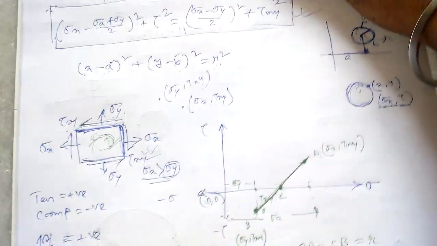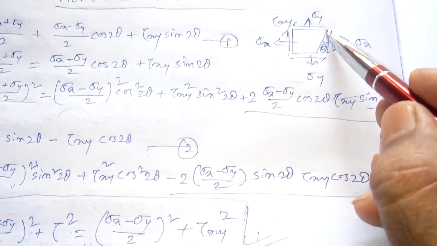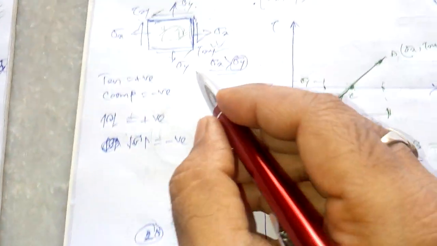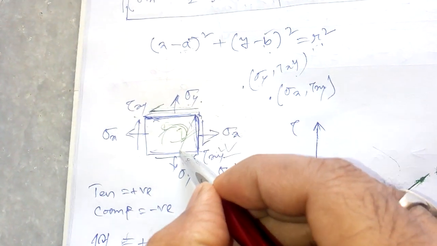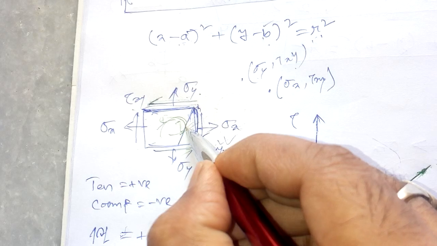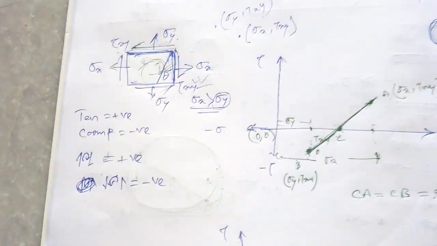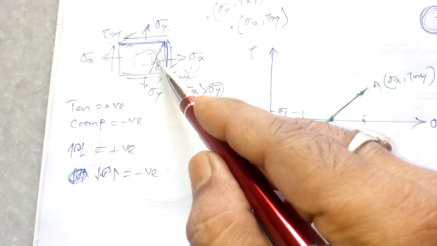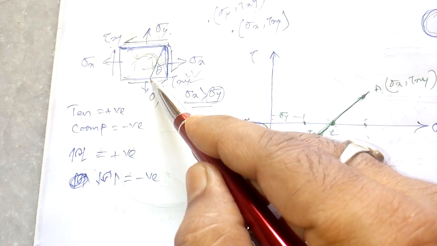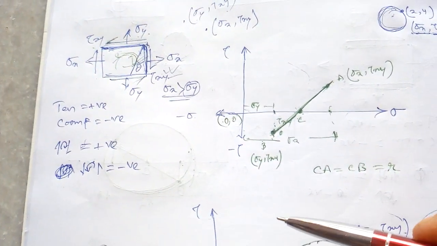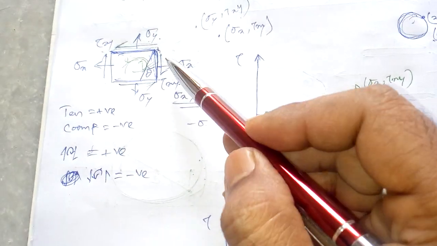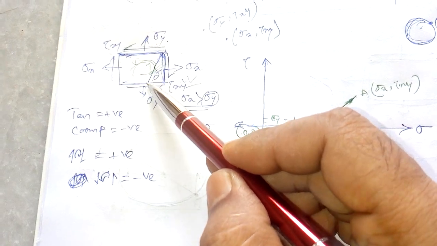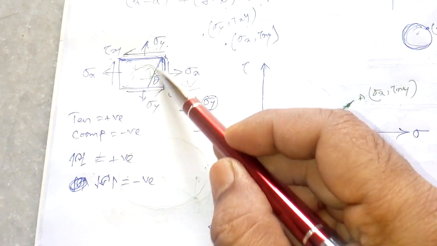Now suppose we are trying to find out the stress condition of a particular section. If we draw the particular section, which is having a theta angle, right? Now what will be the stress condition for this section? We have to find out the point which is indicating the stress condition for this plane.